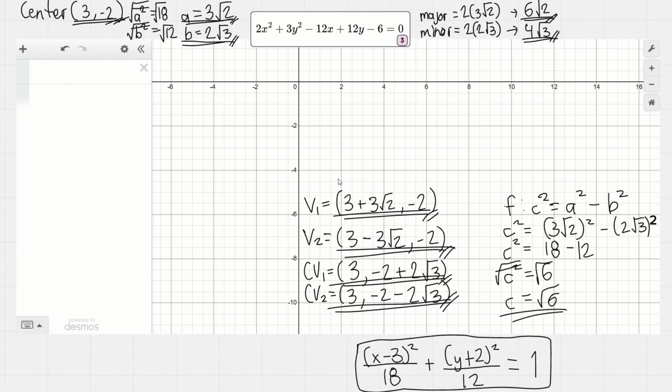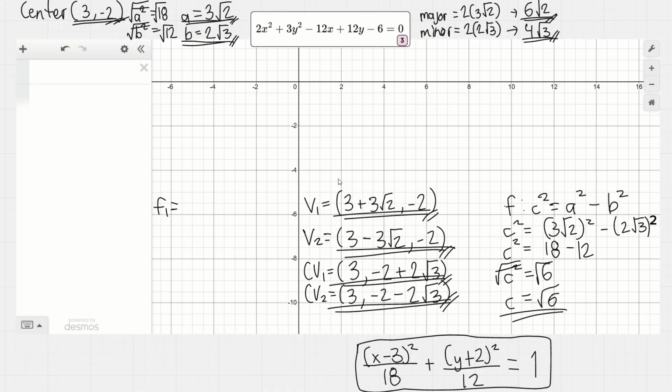Now we can get the coordinates of our foci. Let's get our focus 1. For focus 1, let's start at the center. Again, focus and vertex are collinear to each other. So if our vertex moves on the x-axis, our focus must move on the x-axis as well.